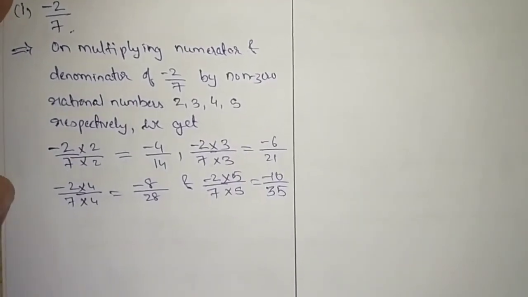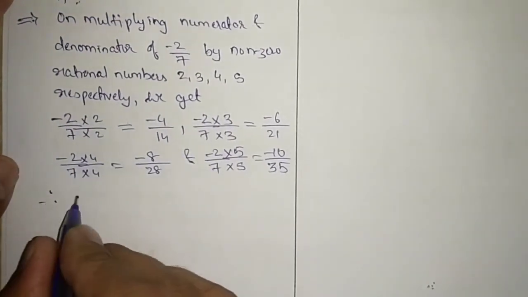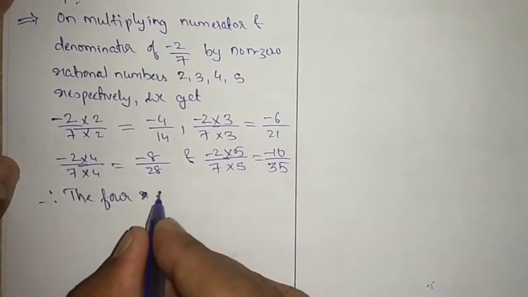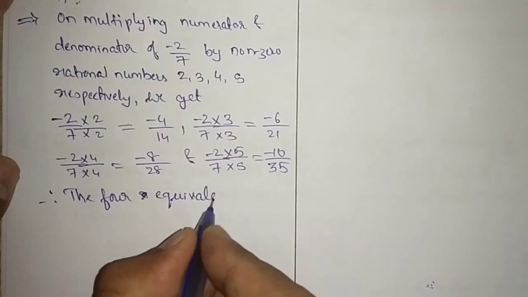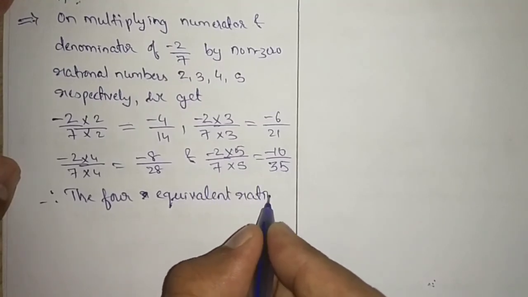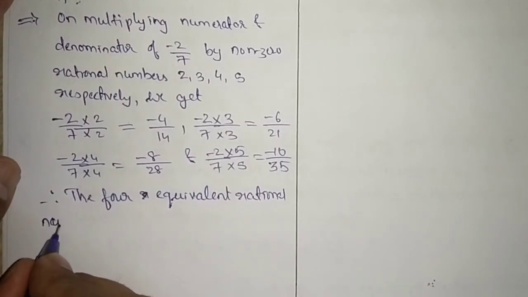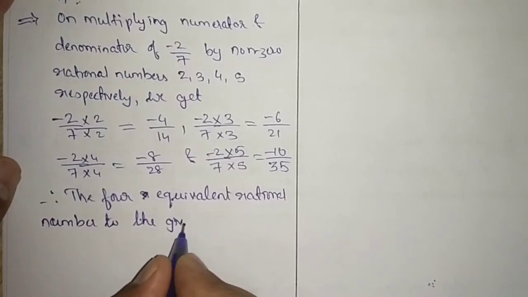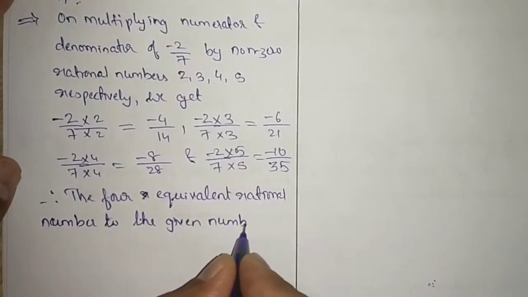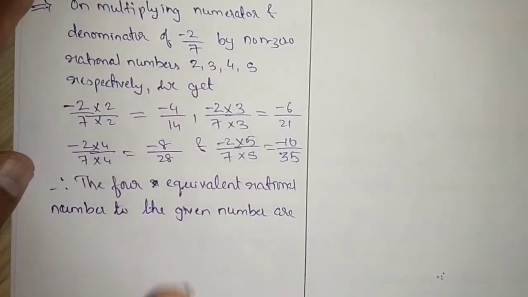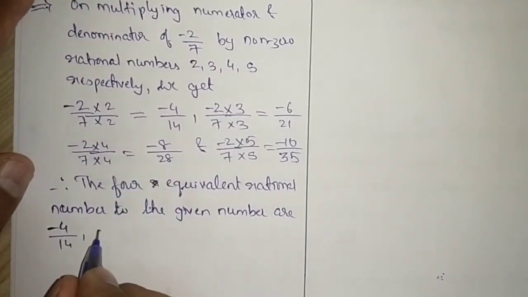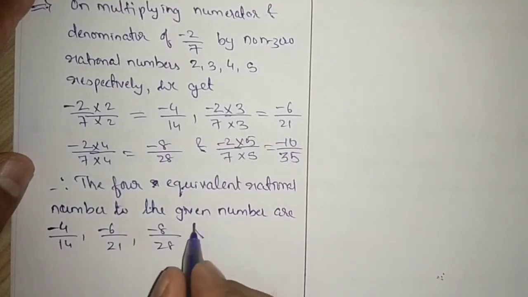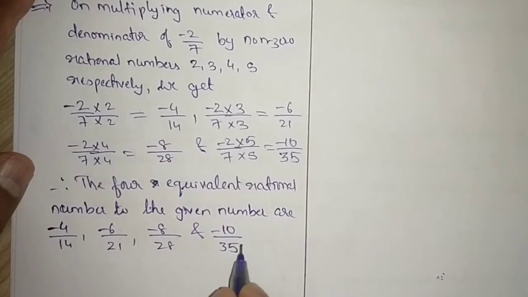So our 4 equivalent rational numbers to the given number are minus 4 by 14, minus 6 by 21, minus 8 by 28, and minus 10 by 35.